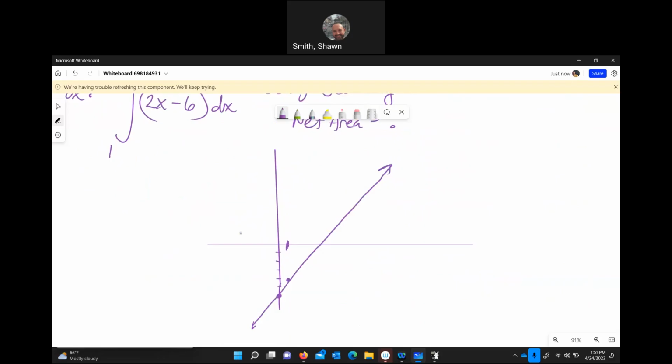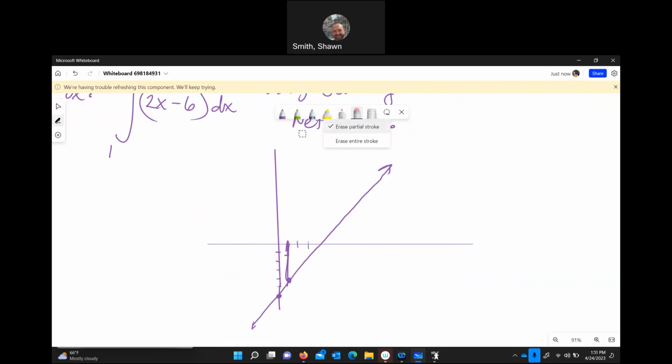At these bounds, we're going from 1 to 6. At x equals 1, you can see 2 minus 6 was -4. That's that point right there, right? So we're looking at that area below the x-axis. All the way to now we're above the x-axis. That's 1, 2, 3. 3 is actually the x-intercept.